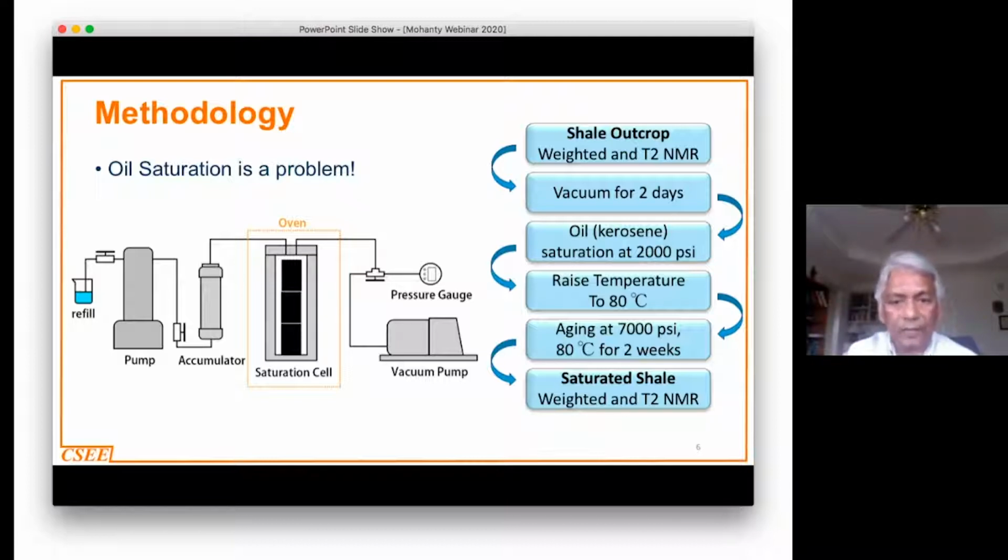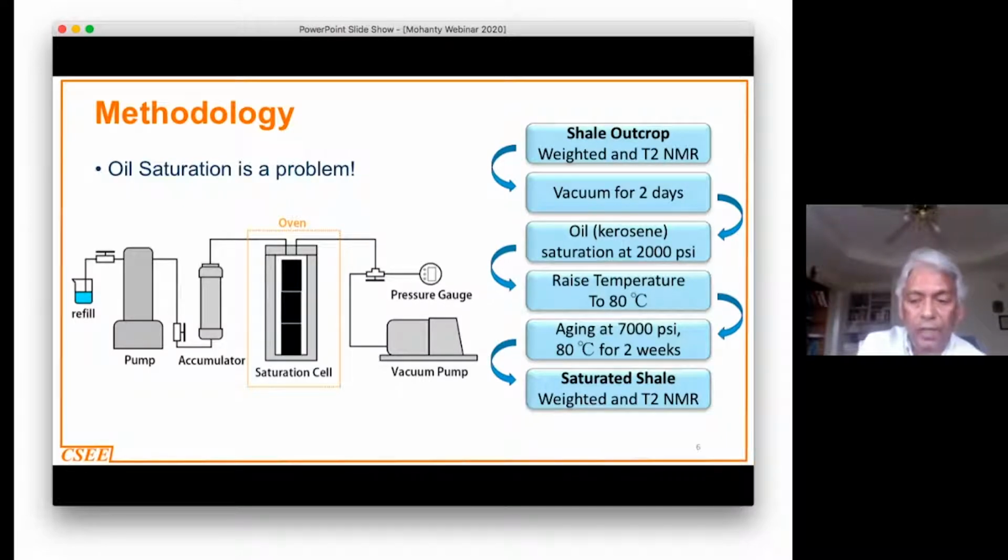We leave it there for about a couple of weeks, letting the oil go in slowly. After that, we depressurize and take the cores out. In order to find the amount of oil we put into these cores, we weigh them before and after. Also, we take T2 NMR before and after. So this is how we saturate the cores.